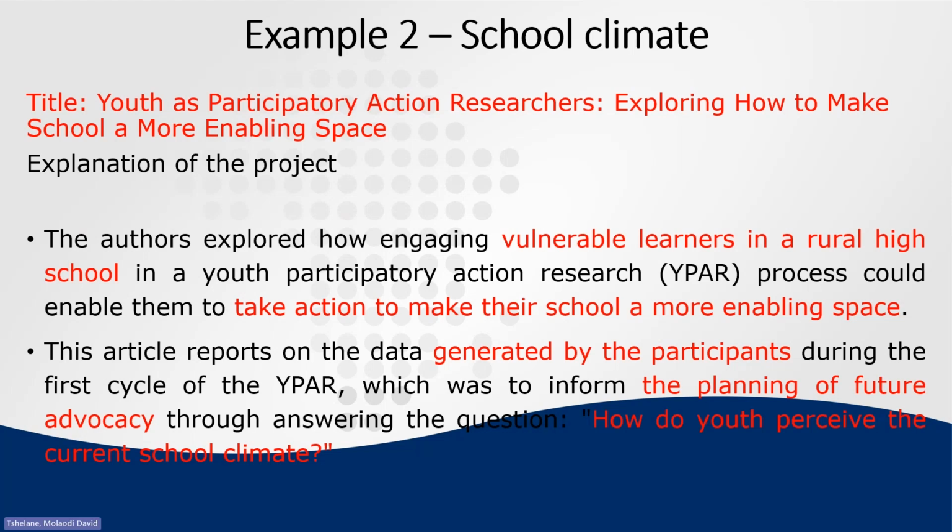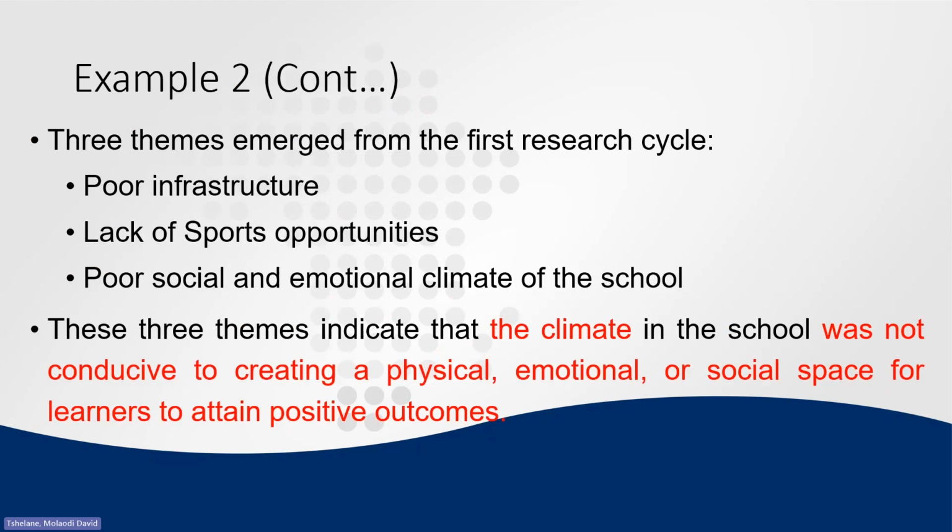And in the process, there were three emergent themes which they explored. The first one, they looked at poor infrastructure. The second one, they looked at sports opportunities, or the lack of sports opportunities. Then they looked at the poor social and emotional climate of the school.